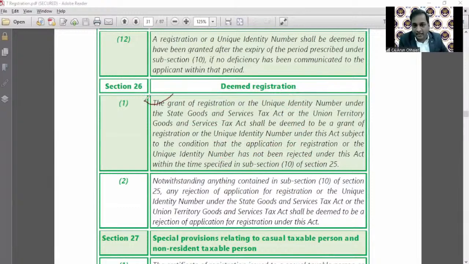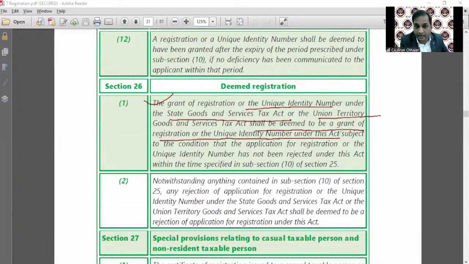It means the grant of the registration or the UIN number under the SGST Act or UTGST Act shall be deemed to be the grant of the registration or the unique identity number under this Act.